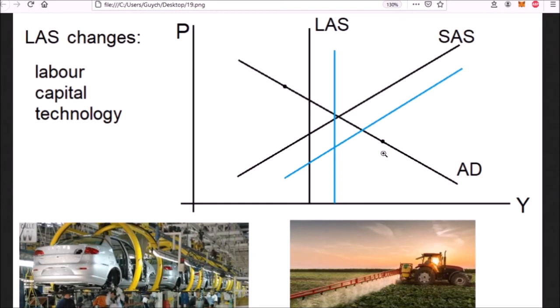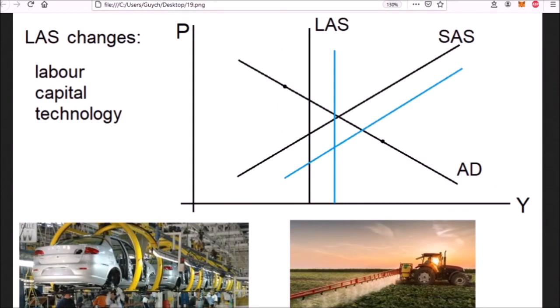So from these shifts, the original short-run macroeconomic equilibrium is at the intersection of the black short-run aggregate supply curve and the aggregate demand curve over here. And the original long-run macroeconomic equilibrium is at the intersection of the aggregate demand curve and the original black long-run aggregate supply curve over here.